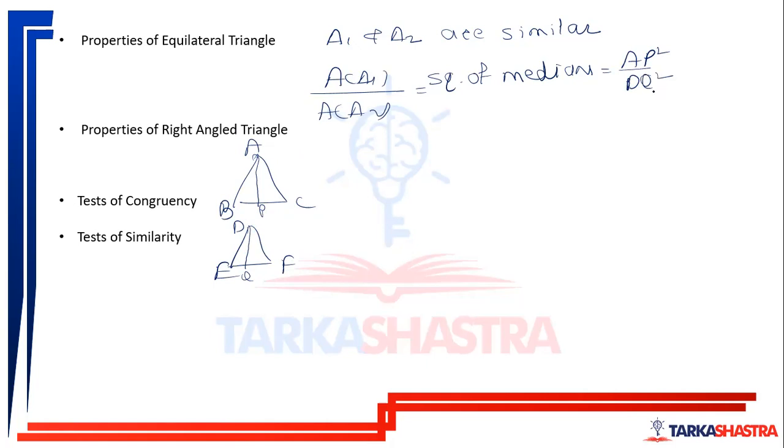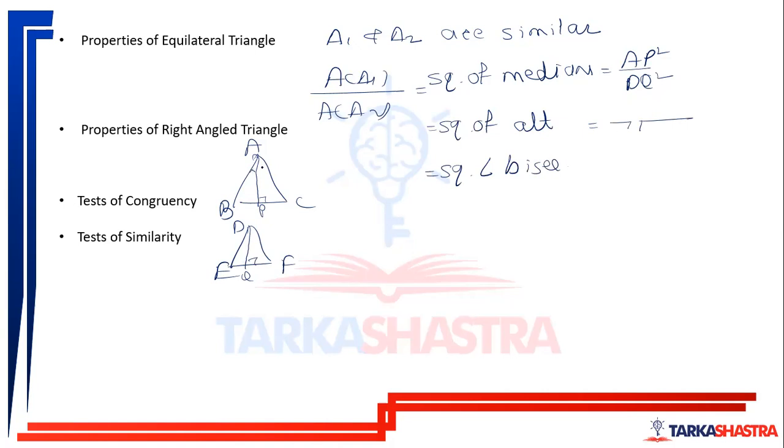Then, ratio of areas of two similar triangles is also equal to ratio of squares of their corresponding altitudes. If now in this case assume that these two are altitudes, then in this case also the same formula is applicable, and this ratio of areas of two triangles is also equal to the squares of their angle bisectors.